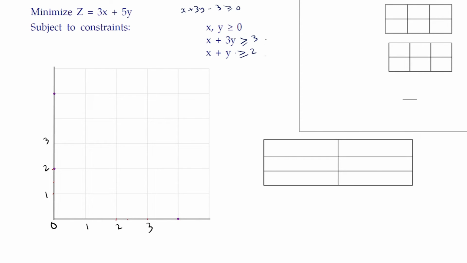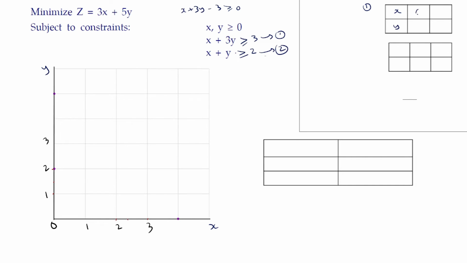So let us mark this as 1 and 2. Now on a graph sheet, let us have OX, OY and let us choose an appropriate scale and mark the points. So first let us have the first line corresponding to the first inequality, x plus 3y equal to 3.